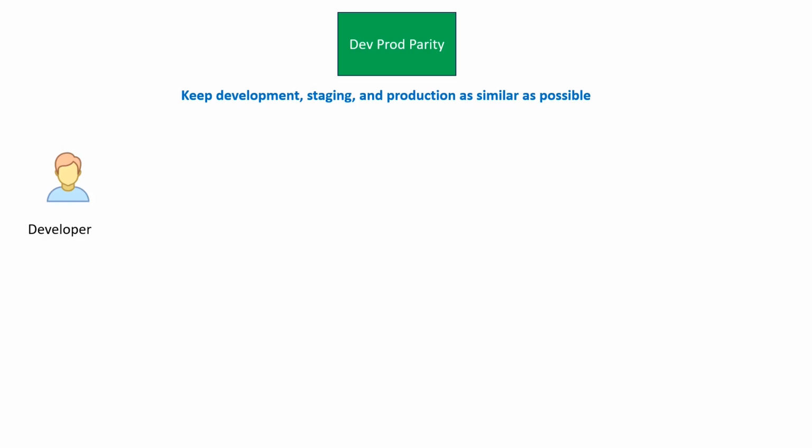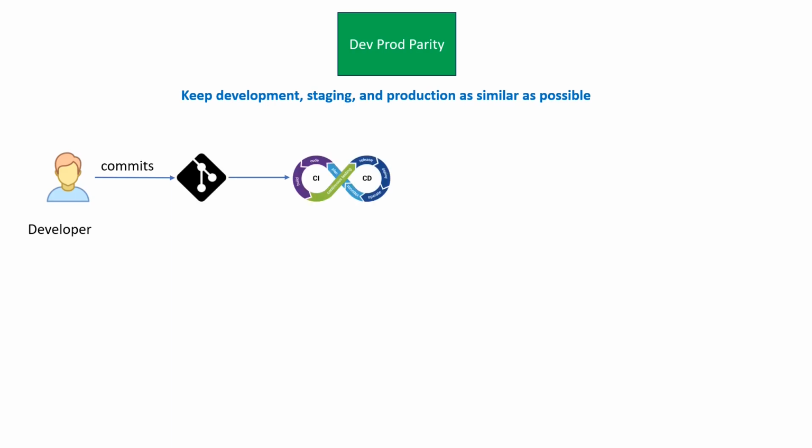Next is dev prod parity. Normally, the developer's local machine, dev environment, UAT and prod are very different environments. For example, a developer commits some code to a Git repository.